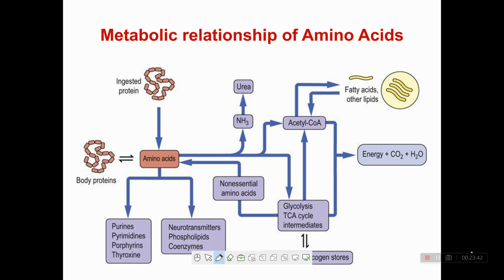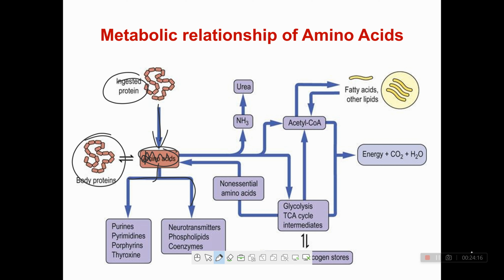First of all, these are the body proteins that contain amino acids, and these are the ingested proteins. Ingested protein means the protein we take from outside, in our food. So this protein and this protein contain amino acids, right?